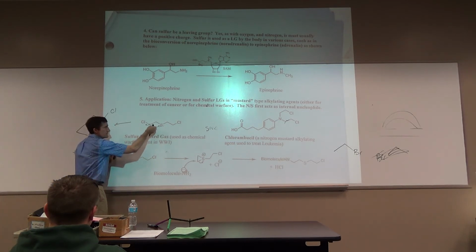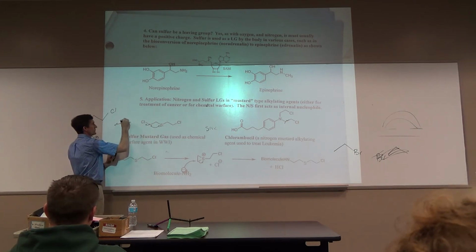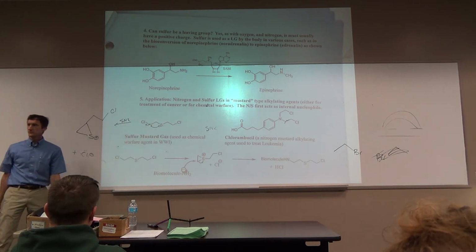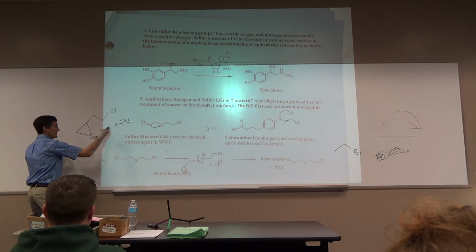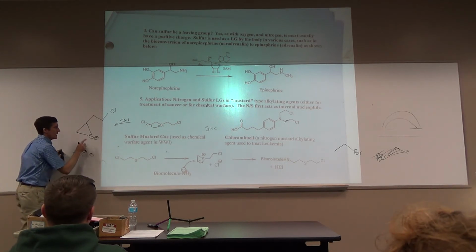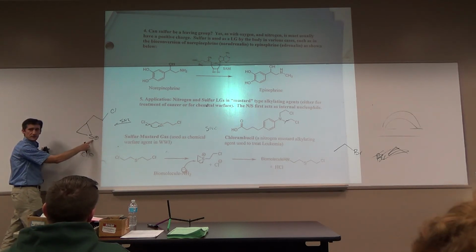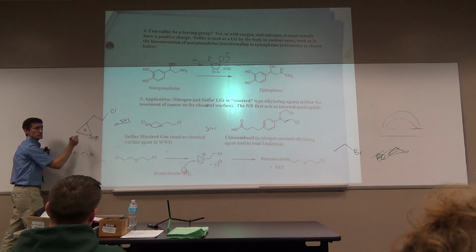This is almost like back bonding or something, but it was an internal SN2. It's an internal SN2. That can just happen. But it's driven by entropy because the molecule's breaking apart. Well, what did it create? A positive sulfur. A good leaving group. But also that's a three-membered ring.